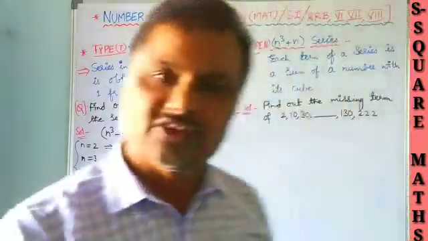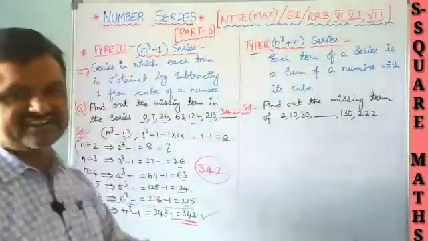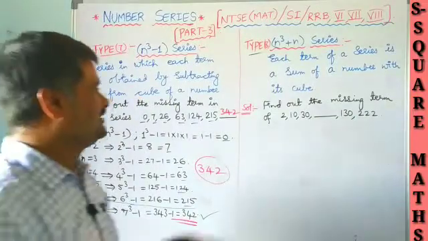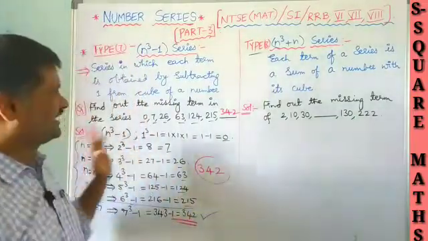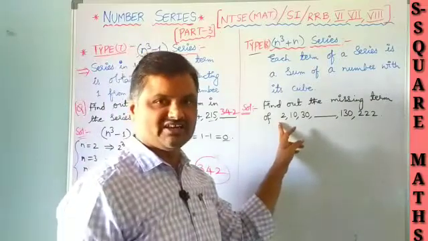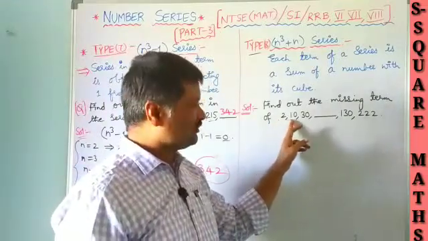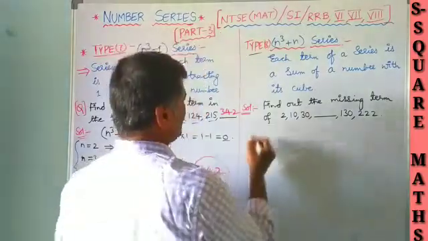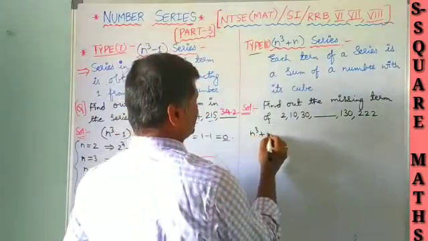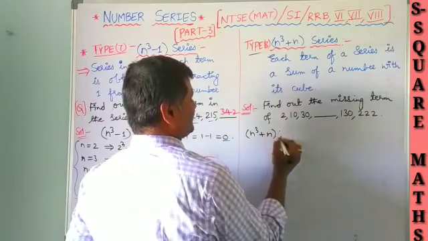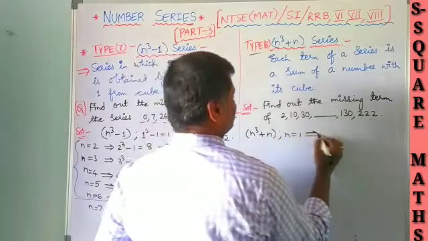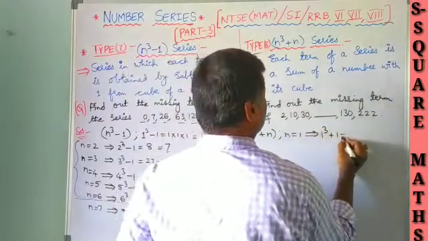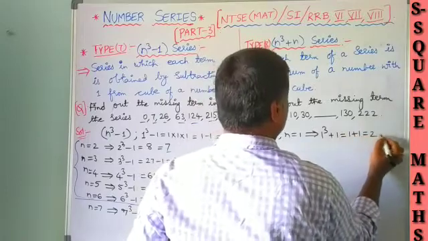Okay, so with your previous knowledge, go for squares and cubes. Here for cubes, n cube is nothing but 1 cube, 1; next 2 cube, 8; 3 cube, 27, etc. But here we apply the n cube plus n series. So n is equal to 1 implies 1 cube plus 1, 1 plus 1 gives you 2.